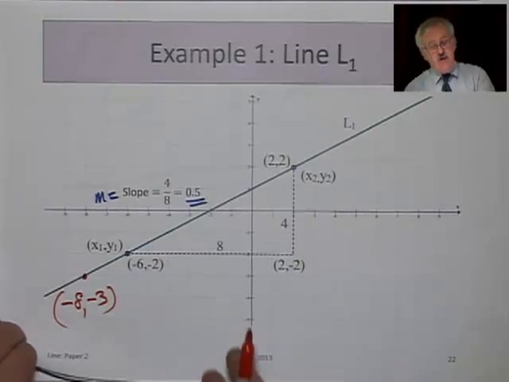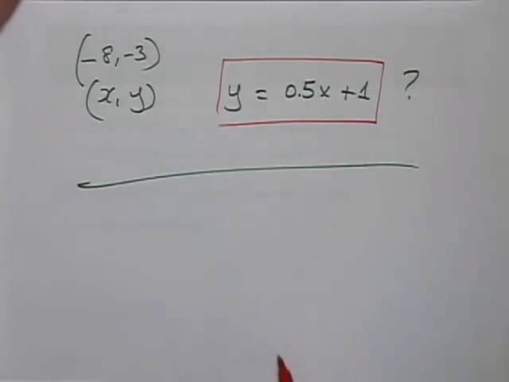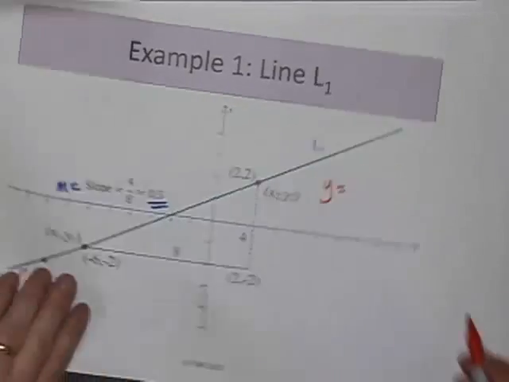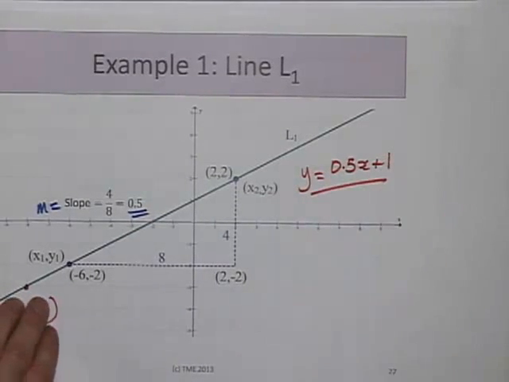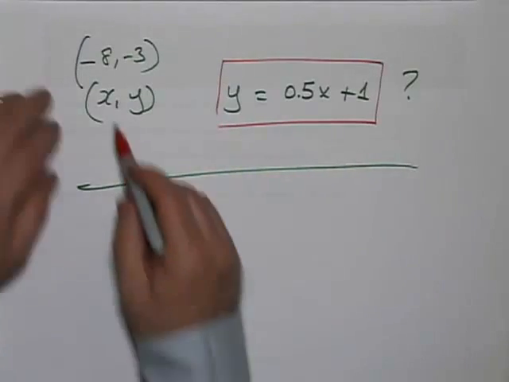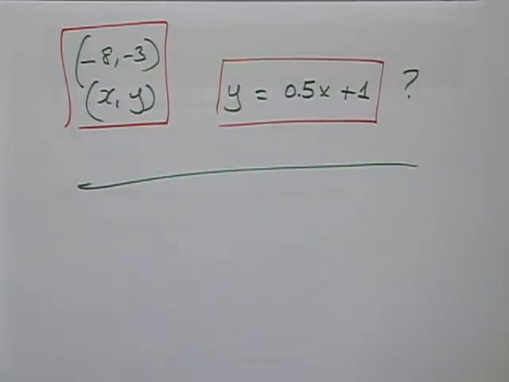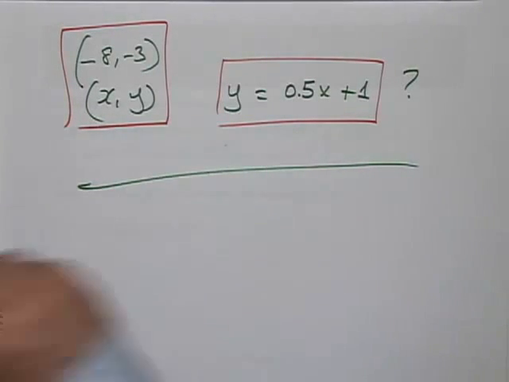Well, we do have the equation of the line, and the equation of the line was y is equal to 0.5x plus 1. But our value we're checking is minus 8, minus 3. So all we do is put that in. What's y?